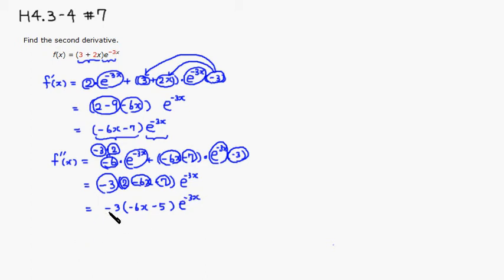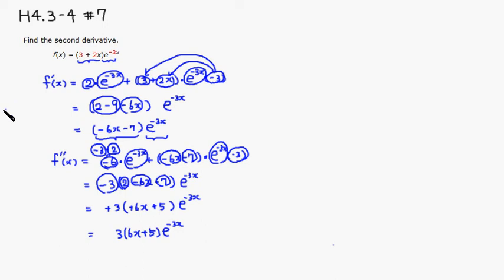Actually, I'm going to just distribute this negative sign, so negative times negative is positive. Negative times negative is positive. So this is just going to be 3 times 6x plus 5 e to the negative 3x. So that's the answer.